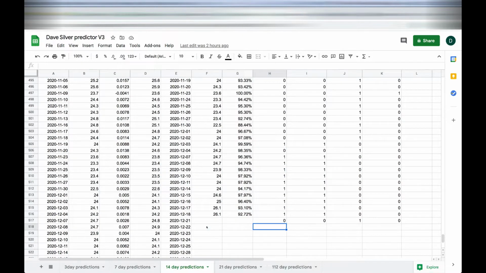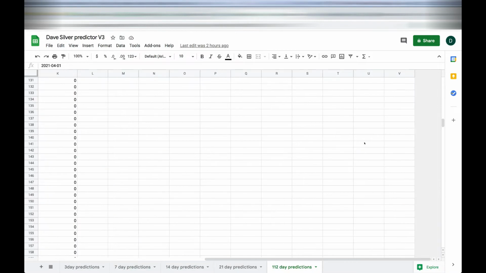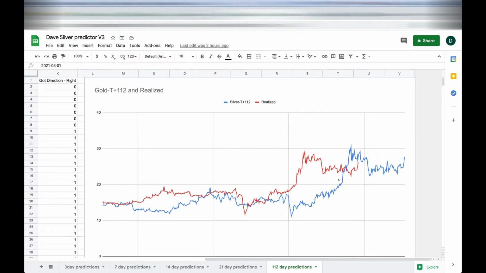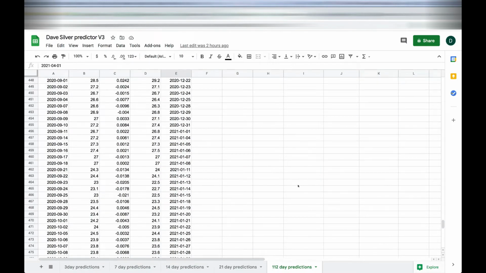But one thing I did notice is the 112-day prediction, and I've noticed that for silver, the predictor does not predict an extreme bull market, right? It predicts actually an over 10% jump for gold. And here's how you should read it. It doesn't mean that in 112 days gold will be exactly 10% more, right?